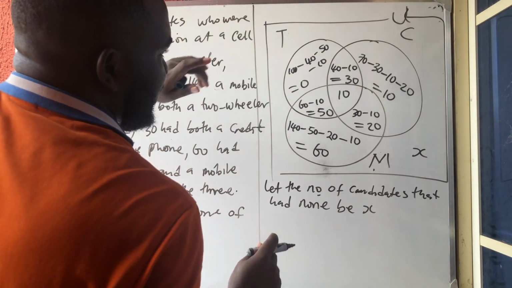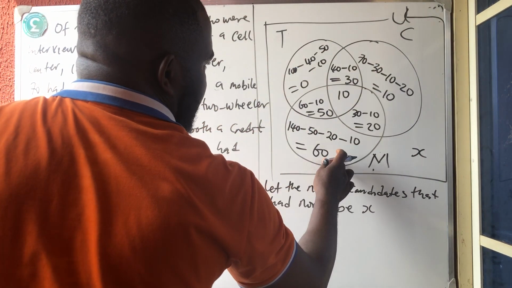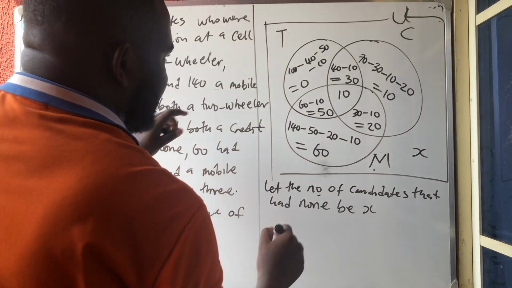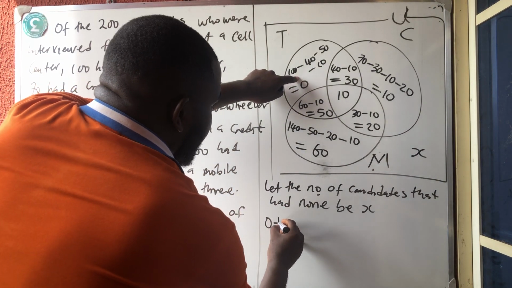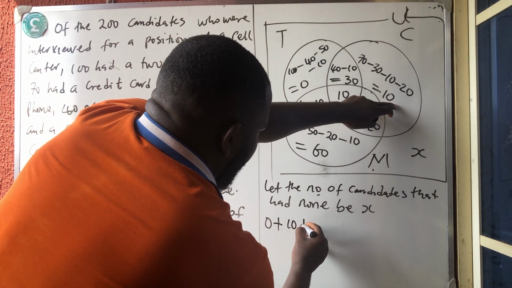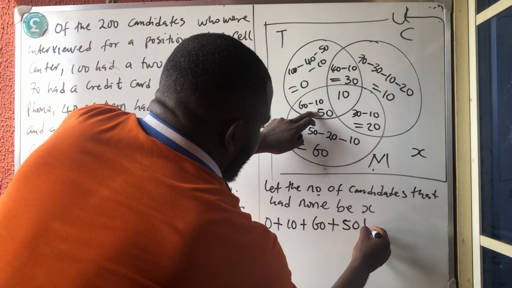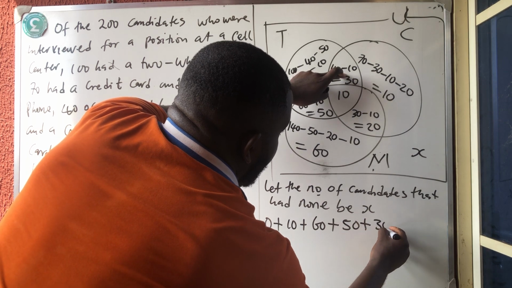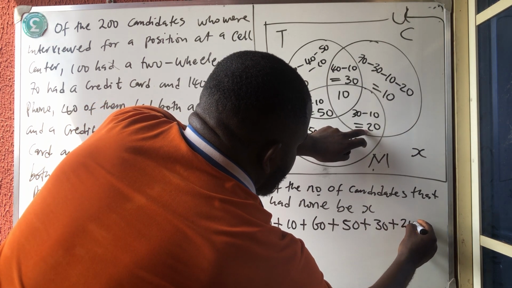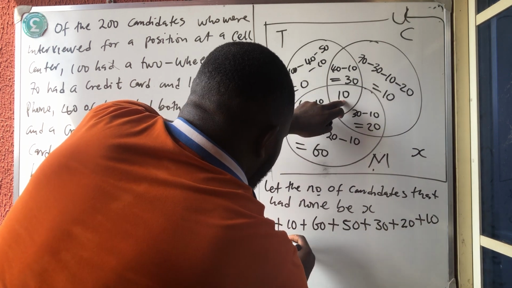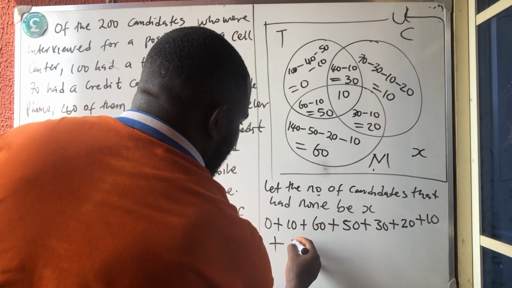Please start from 1, 1, 1, 2, 2, 2, and 3, so you don't make mistakes. So I'm starting with 0 plus 10 plus 60 plus 50 plus 30 plus 20 plus 10 plus the X that is outside.